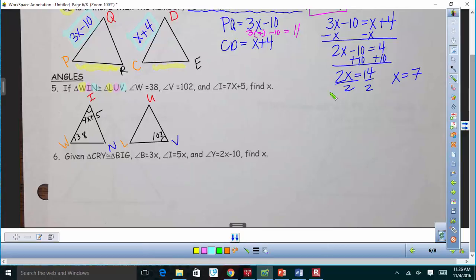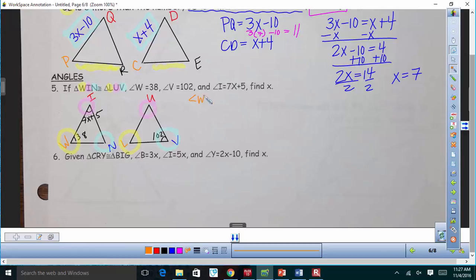Okay? So remember that W was yellow, so was L. I was pink, so was U, and then N was blue, and so was V. Now, if these are congruent, like it tells me, what do I know about W and L, those two angles? They're equal.